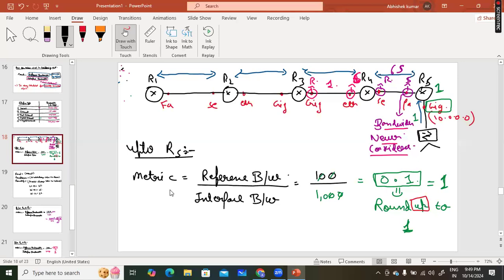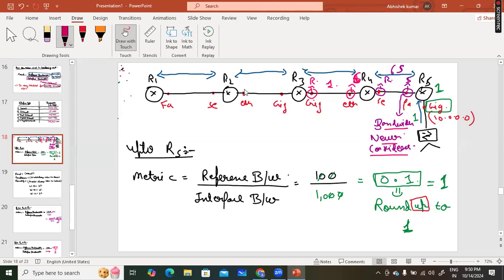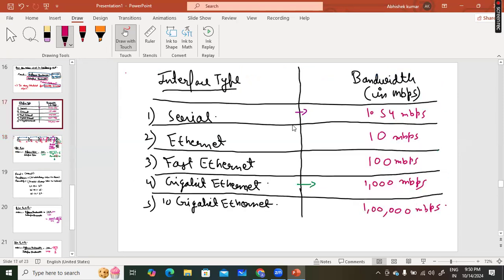Exactly, Ethernet. What is the bandwidth for Ethernet? 10 Mbps.